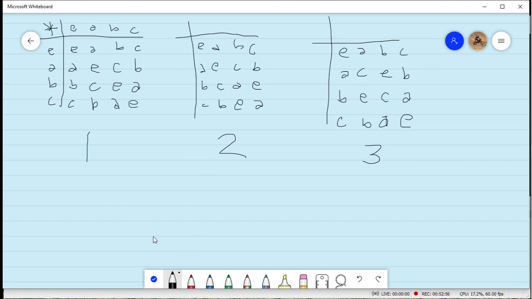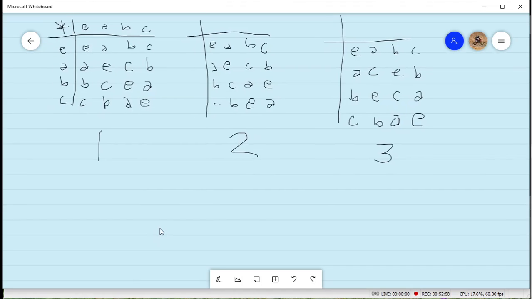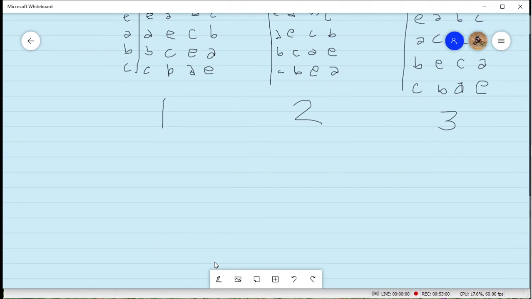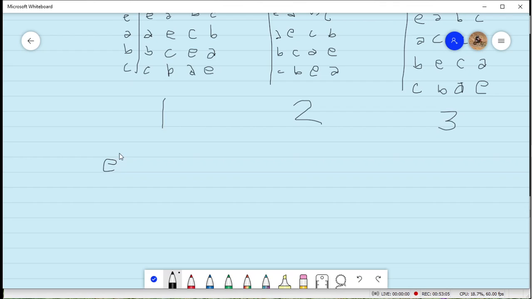If we would try to investigate table 1, see in table 1, E squared, or E operation E, is E. A squared in table 1 is also E. See that?